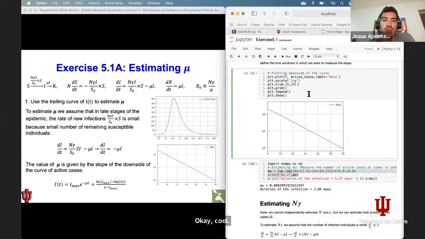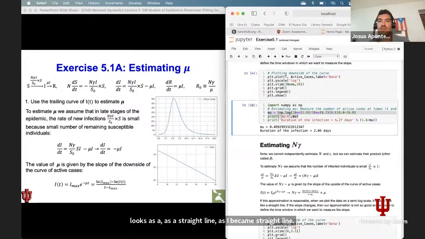While you work on this, just notice that I've trimmed the plot so I can focus on the part of the curve that looks like a decaying straight line, to estimate what the parameters are from there.